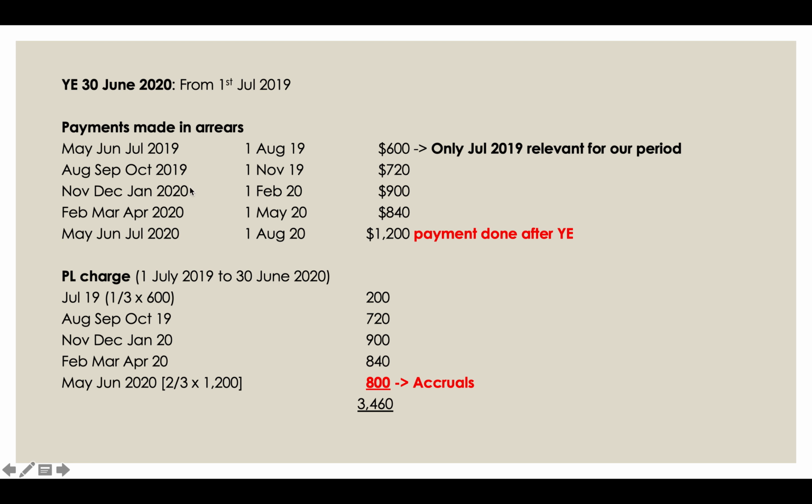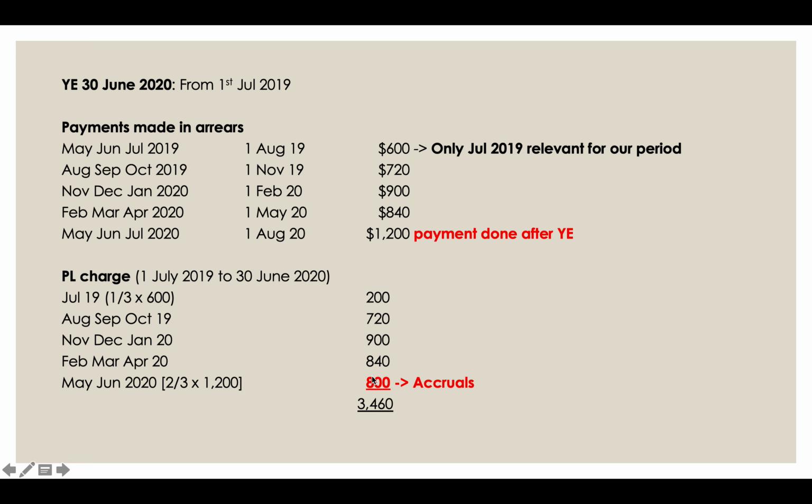They are all during our year. However, for the last payment, the only months relevant are May and June. Therefore, 2/3 times 1200.